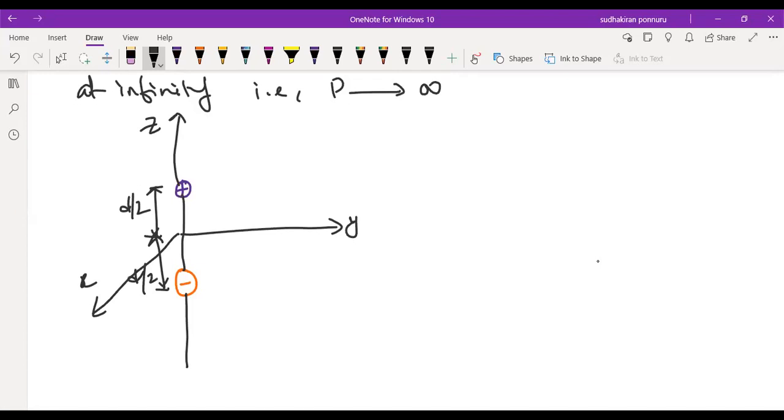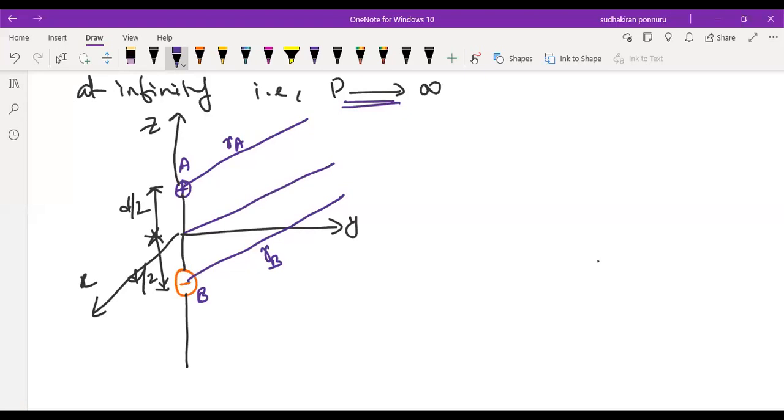Now what is the modification we are going to do? See here, P is at infinity. Since we cannot see that point P, whatever the distance is goes up to infinity. This is RA going towards infinity, and at point B this is also going towards infinity, and the midpoint distance R is also going towards infinity.